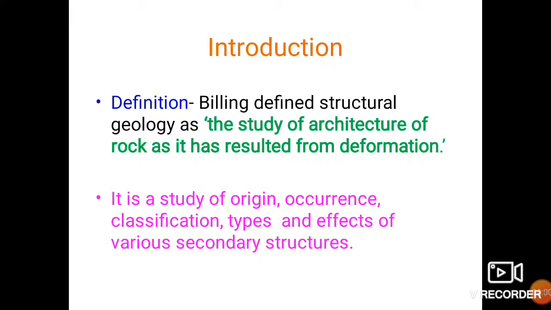We are going to study all these aspects in this paper. Means everything about structure will be studied in structural geology.